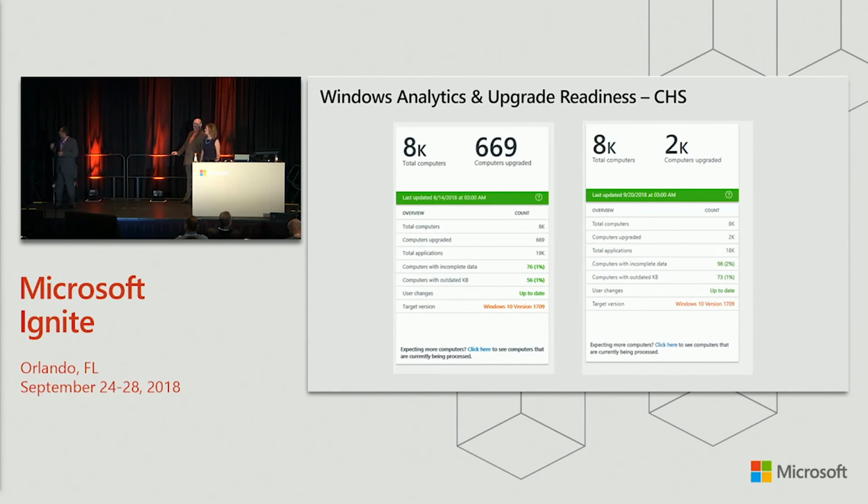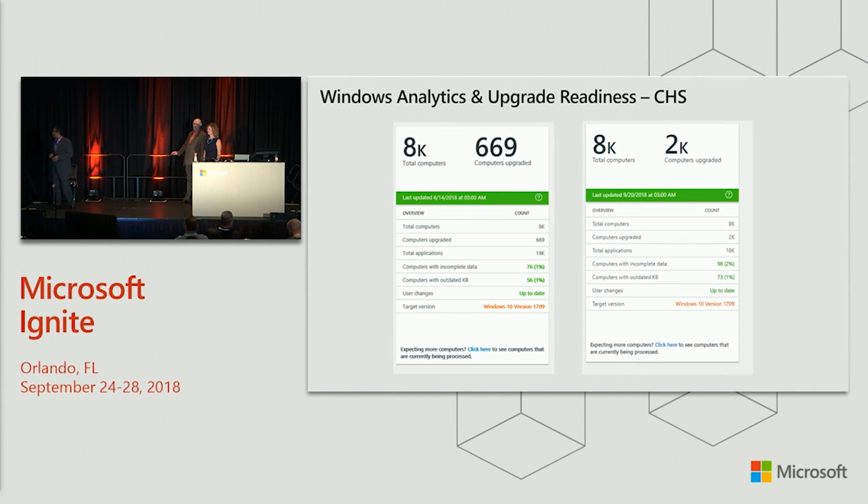So folks, I wanted to summarize the Windows Analytics section by painting a portrait for you about where we were when we started this journey for CHS versus where we got to, where we are headed, right? When we used Upgrade Analytics, obviously we didn't have very many systems that were upgraded or ready for upgrade.